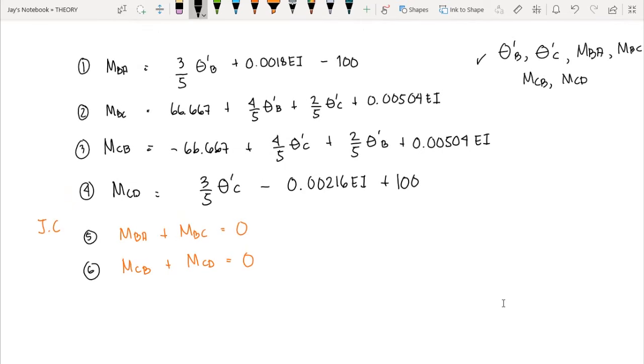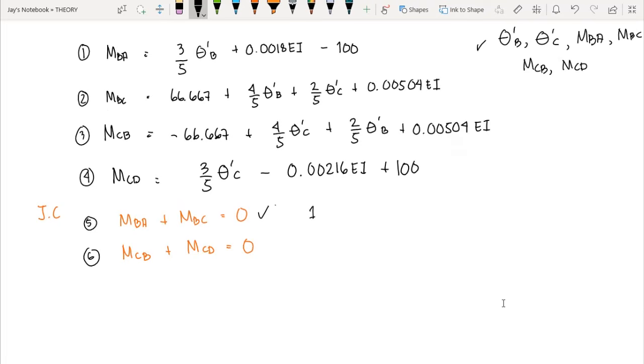So let's begin with equation 5. For this equation, we use equation number 1 plus equation number 2.